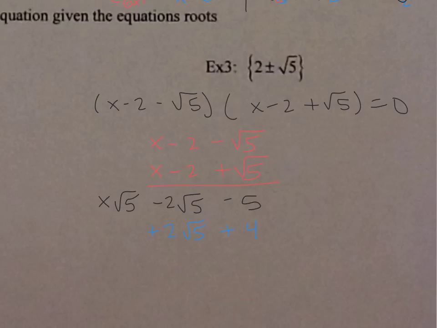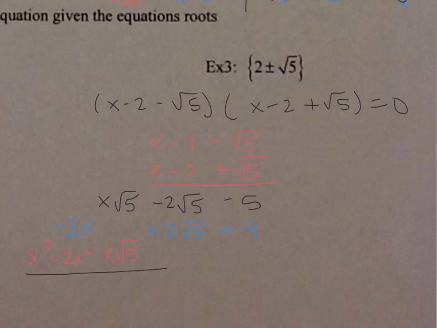Negative 2 times x is negative 2x. Now I'm going to start multiplying the x times everything above it. So x times negative the square root of 5 is negative x the square root of 5. X times negative 2 is negative 2x. And x times x is x squared.